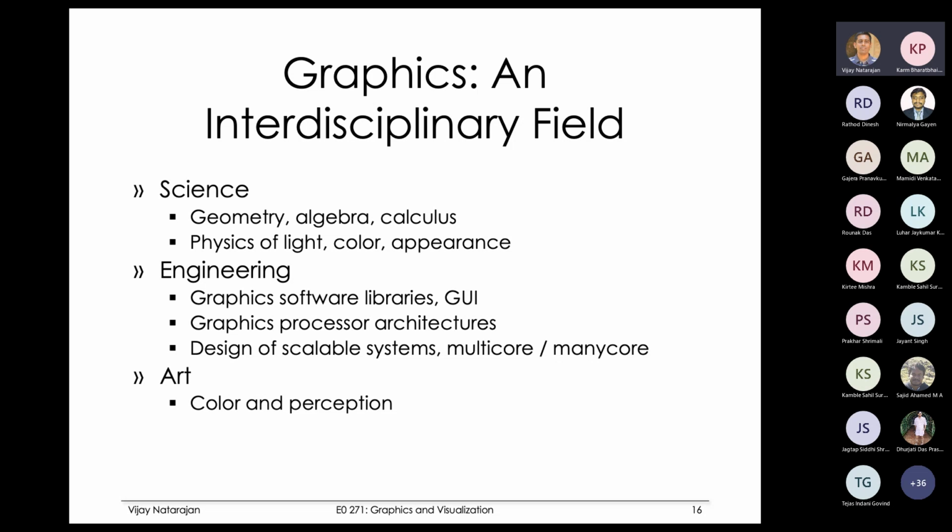Color and perception is very important in graphics, and a lot of this is studied systematically in art. Illustrative views are very important. Painterly style renderings are quite important. Now, we borrow ideas from art in order to generate such views.